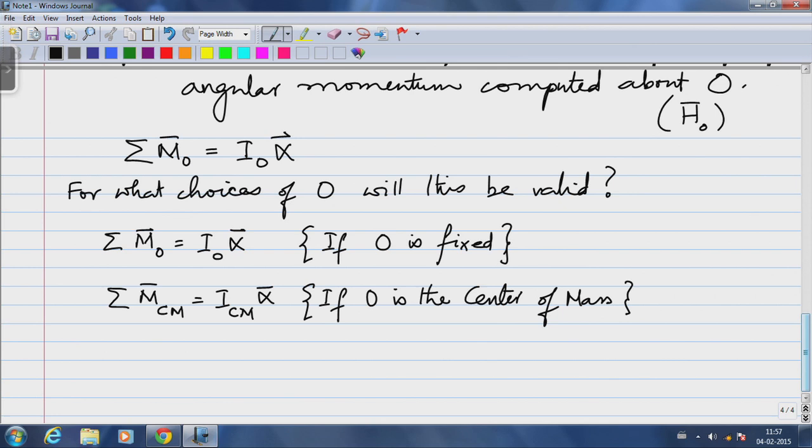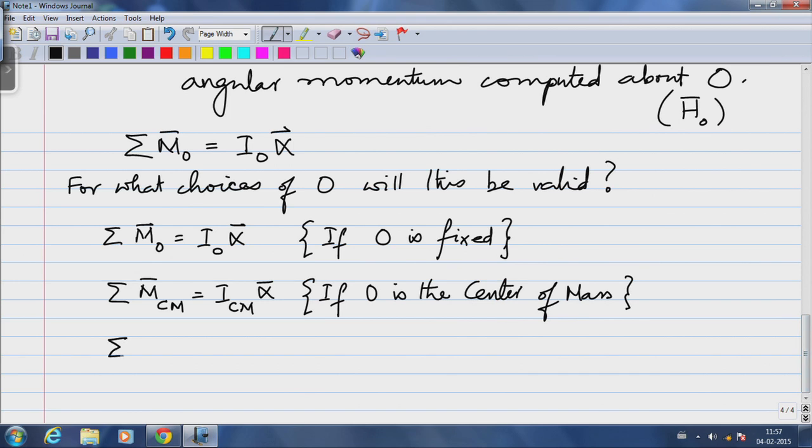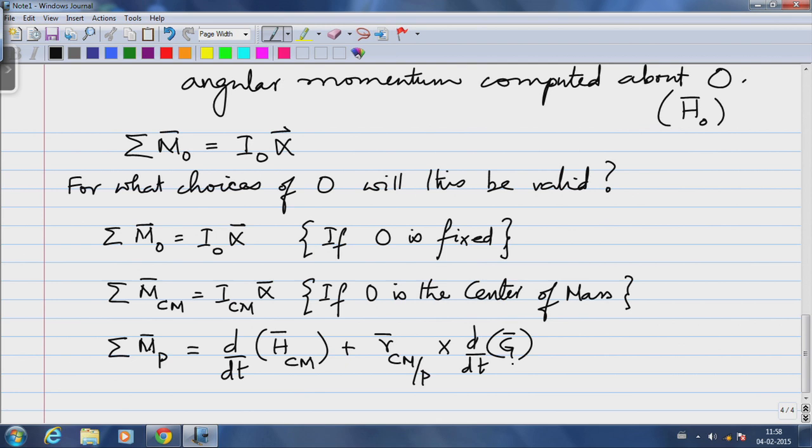For any other point, P, if I compute the moments about some other point P, then I have to take an additional term involving the distance of the center of mass as observed by P. So, this R bar Cm as observed by P is a vector that has a head ending at the center of mass and a tail at P, and you have to account for an additional cross product where the rate of change of linear momentum of the center of mass is included.